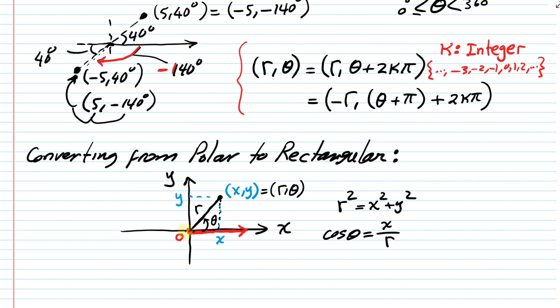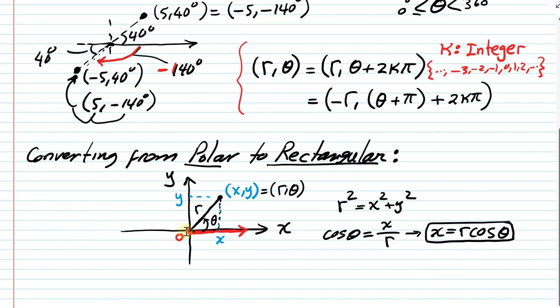So it's x over r. So from this, we get x is equal to r cosine theta. There you go. Remember, we're going from polar to rectangular, meaning you're given the polar coordinates. I'll do an example in just a moment. So given r and theta, this is how you find x.